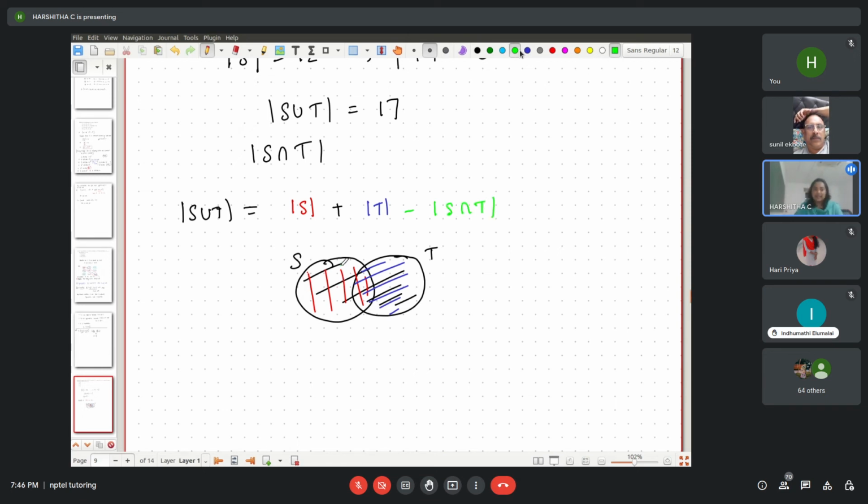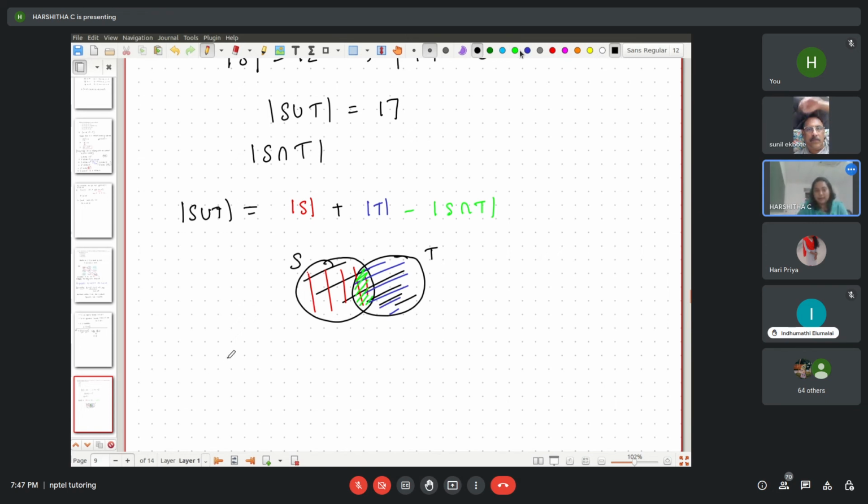When we take cardinality of S plus cardinality of T, when we say cardinality of S, we are counting everything in this set S, the red part. And when we say cardinality of T, we are counting everything in this set T, which is the blue part. So we are actually adding this overlapping part two times, once with the red part as well as with the blue part. So if you just want all the elements in totality, you should remove this intersection. So that's where this formula comes from.